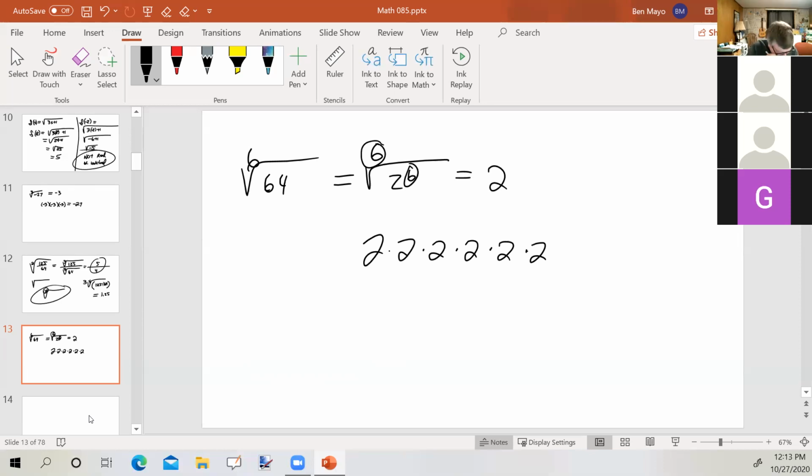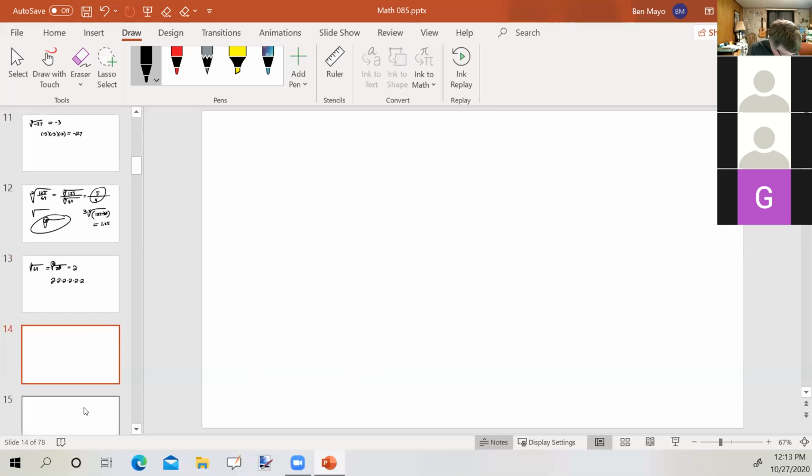Okay. All righty. How about this? The 6th root of negative 729. You're working too hard. Think about the rules.